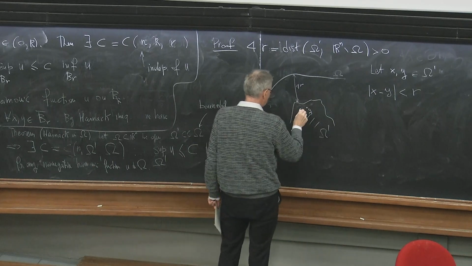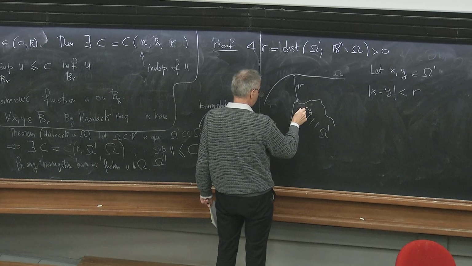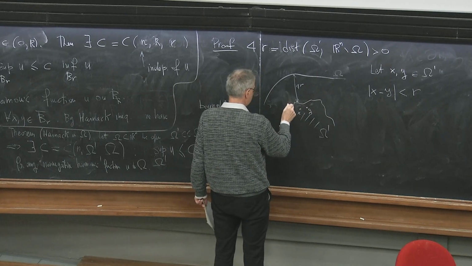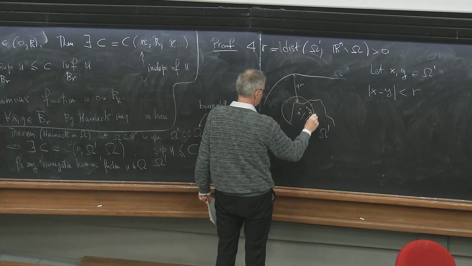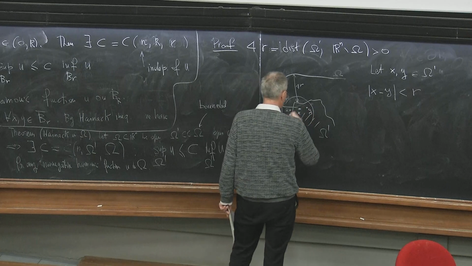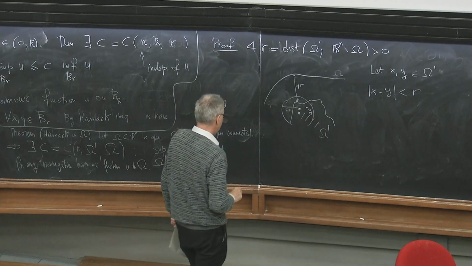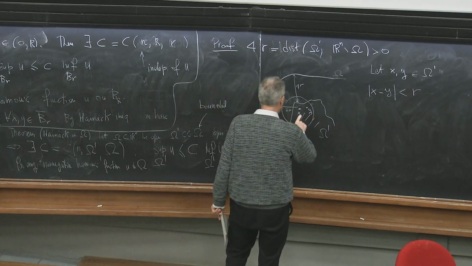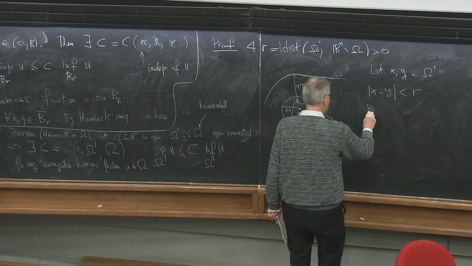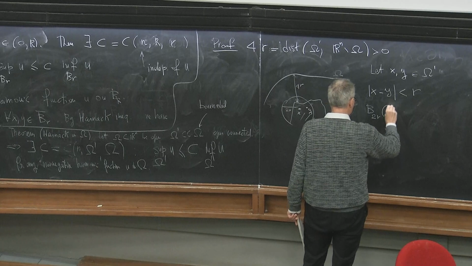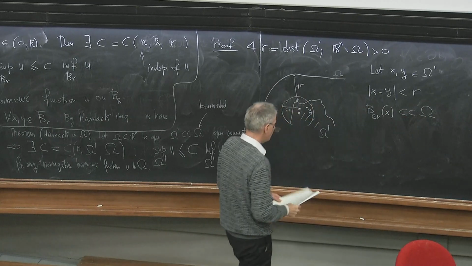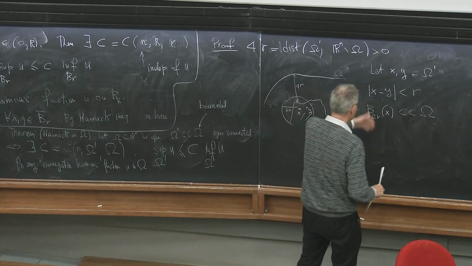Then we consider a ball centered at x of radius 2r. So a ball of radius 2r centered at x is surely contained in omega, by our choice.